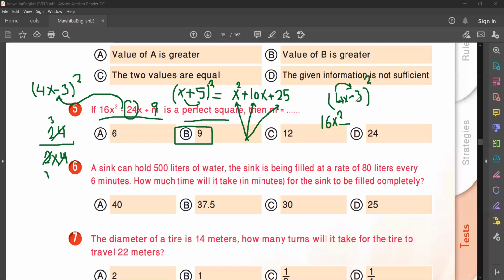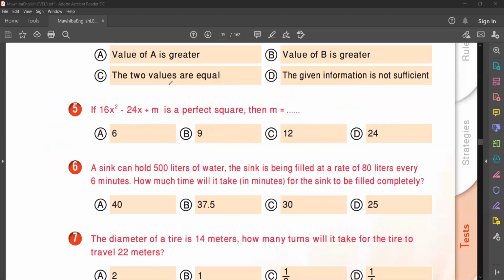So 4 times 3 is 12, times 2 is 24x, right? And you square the second one, it is 9. So we find the same perfect square. So the correct answer is 9. Is it clear, my students? Is it clear, these problems?